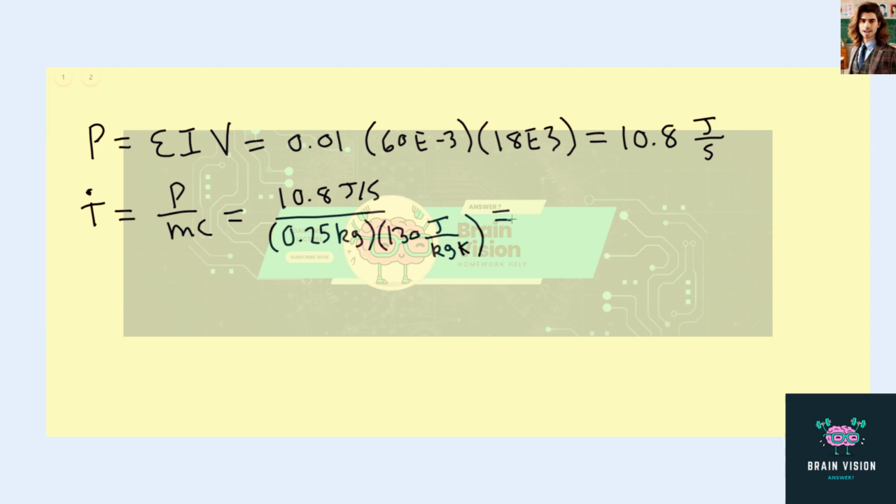Assuming that we want to minimize the temperature increase in this target, which I think is valid, we don't want it to get extremely hot, we would need to increase M and C as much as possible.